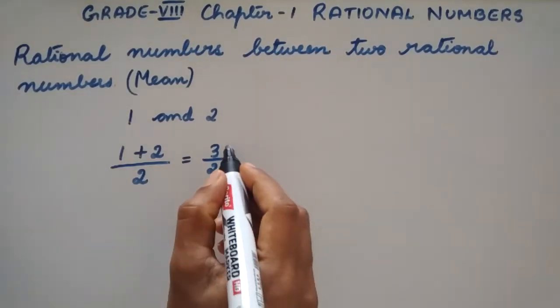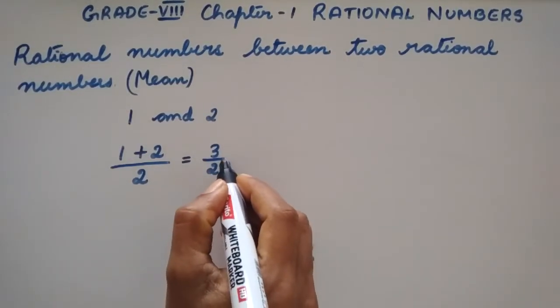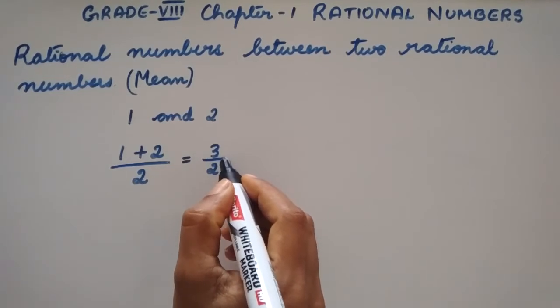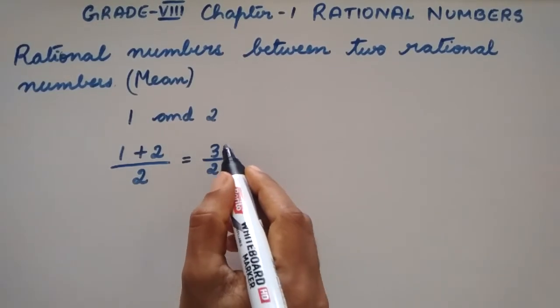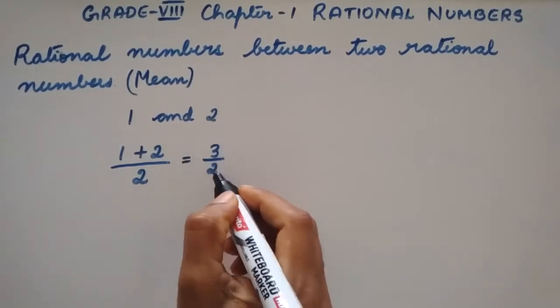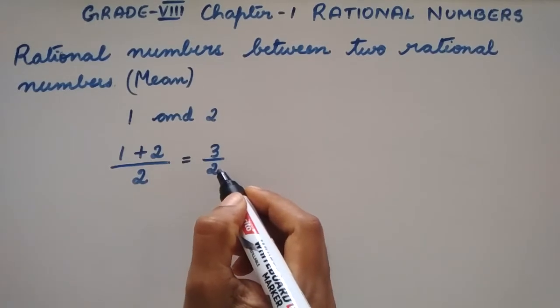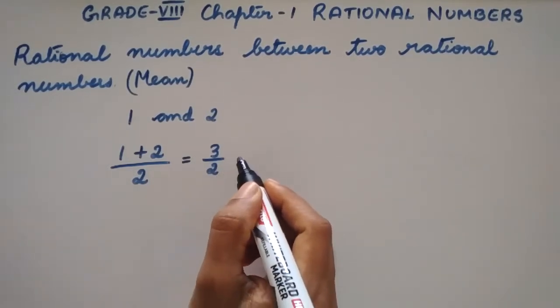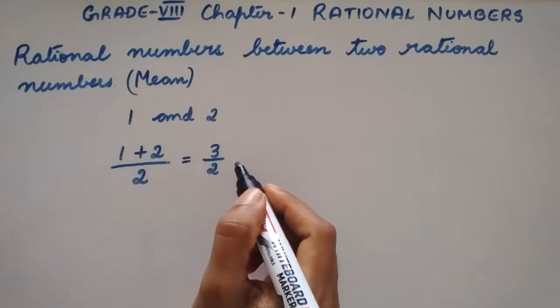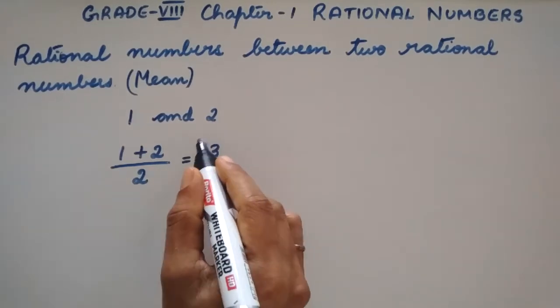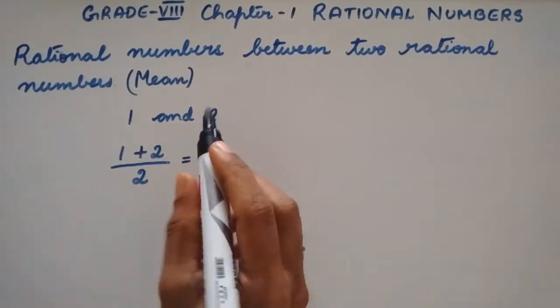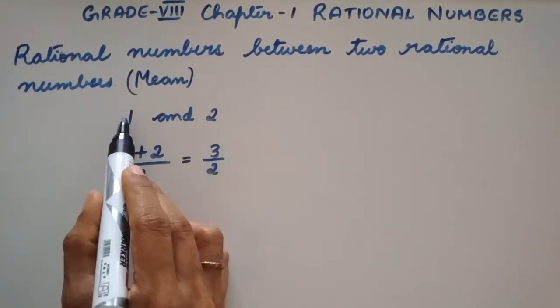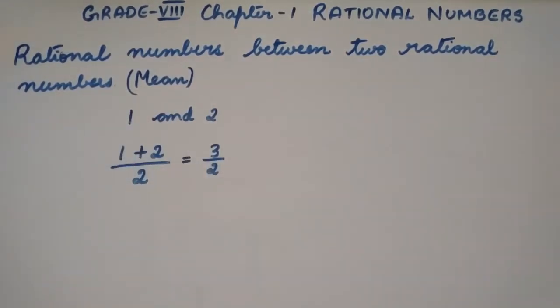This rational number 3 by 2 is in the form p by q, where p and q, that is 3 and 2, are integers and q is not equal to 0, that is 2 is not equal to 0. Now this rational number lies between the numbers 1 and 2.